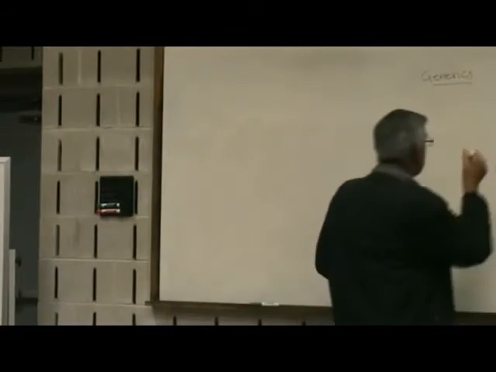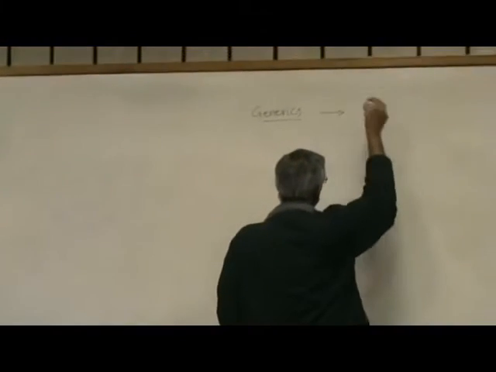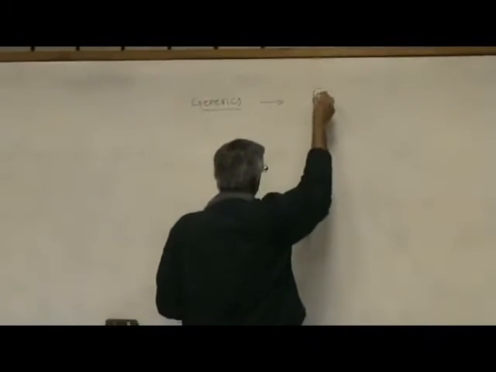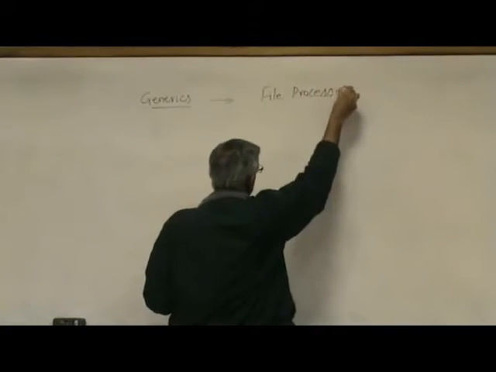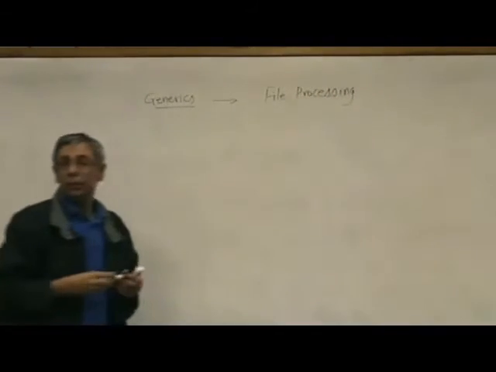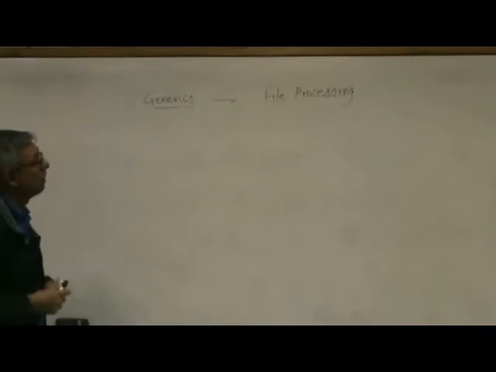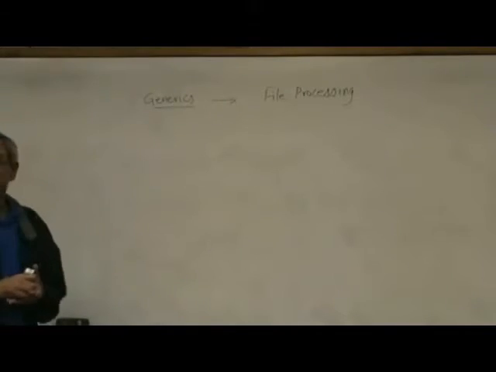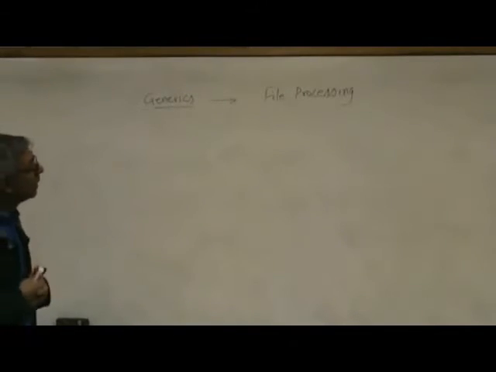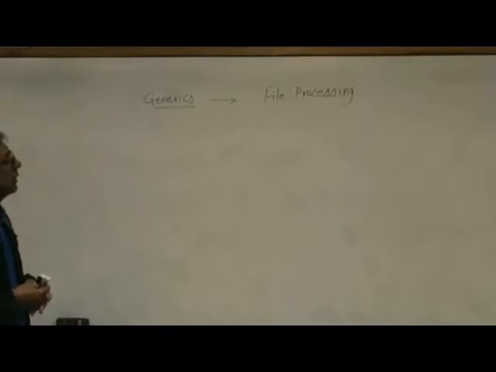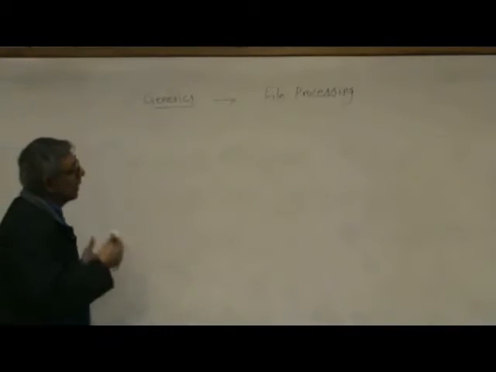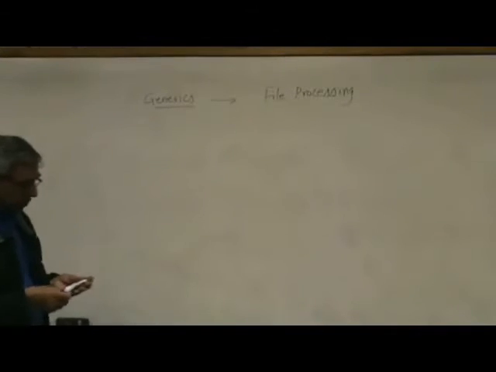So the next topic that I'd like to briefly go over is file processing. Reading data from files and writing to files is a fundamental need, and we run into it in many scenarios. So how do we read and write data to a file using C#?